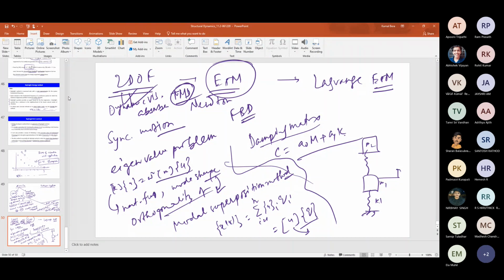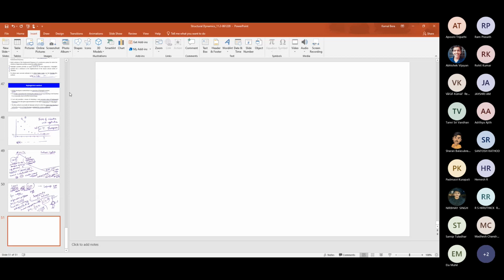By tuning the frequency, that is omega 2 equals omega, the forcing frequency, I can completely eliminate the motion of the primary mass, right? That is the concept of the tuned mass damper, which is basically the simplest form of vibration control.